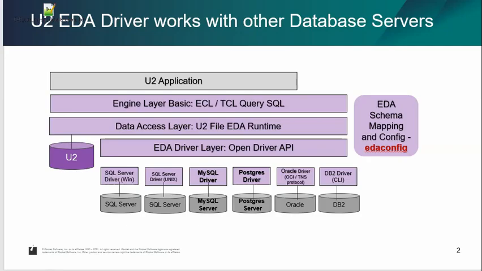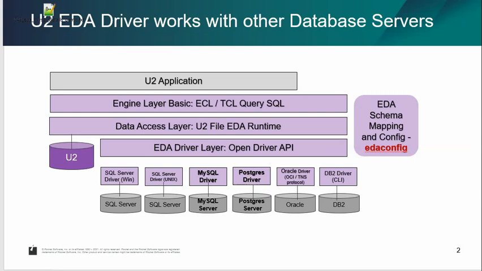On the UniVerse side, we need to have one driver called the EDA driver. Then we talk to the PostgreSQL Server client. And a very important file called the EDA configuration file is defined in the UV home directory.